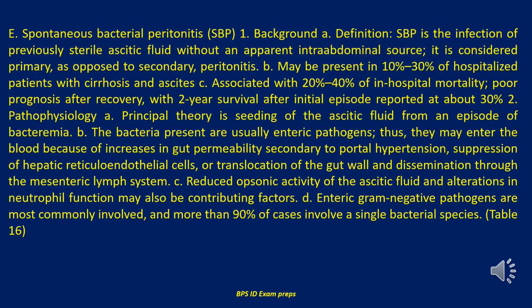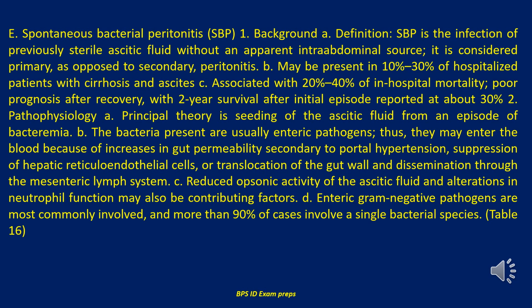It may be present in 10% to 30% of hospitalized patients with cirrhosis and ascites. It is associated with 20% to 40% in-hospital mortality. It has a poor prognosis after recovery, with 2-year survival after the initial episode reported at about 30%.